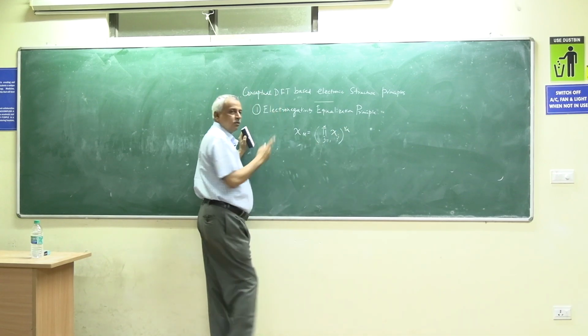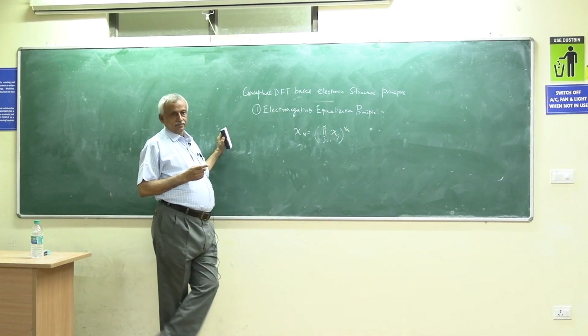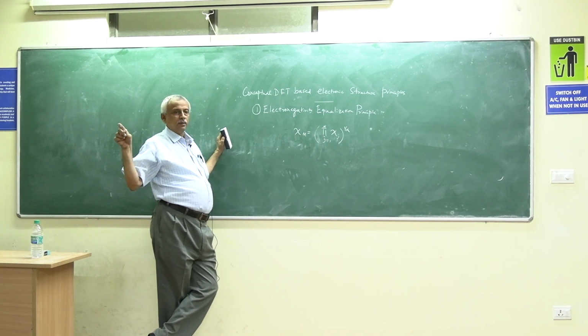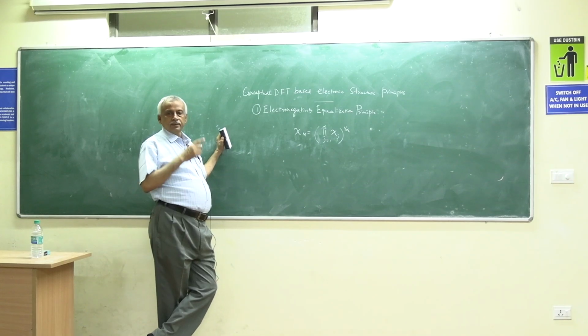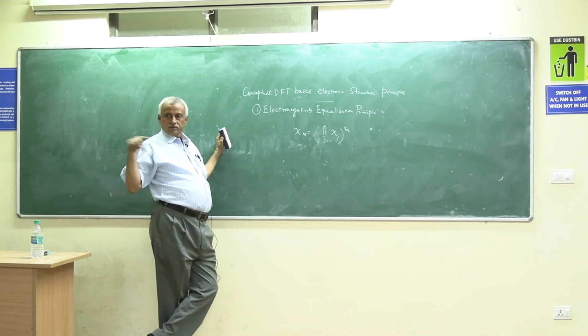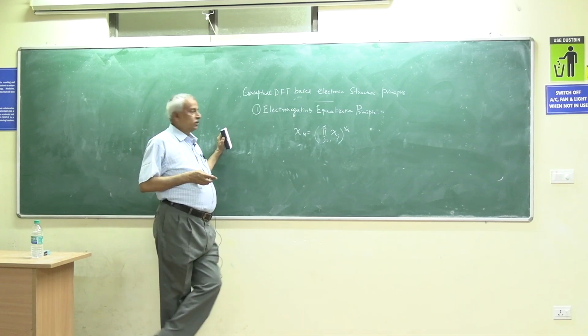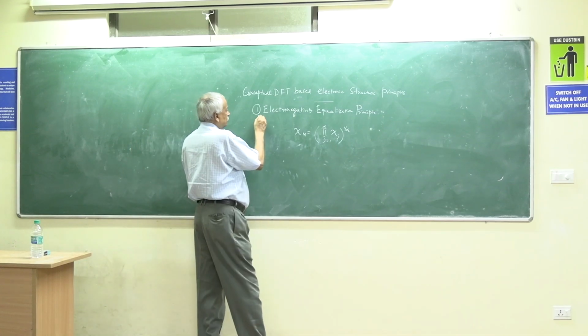That means this is what we call geometric mean, isn't it? Alpha-th root of chi 1 into chi 2 into chi alpha, where you have alpha atoms. So when the electronegativities are equalized, the molecular electronegativity will be the same, and that can be obtained as the geometric mean of the isolated atom electronegativities. So you get another associated principle.